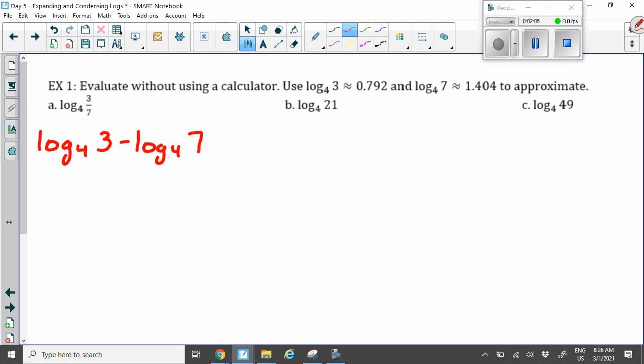Now, they do tell us our approximation, so we're going to replace log base 4 of 3 with 0.792, subtracted, and they also told us the log base 4 of 7, that's approximately 1.404. Now, we just plug our decimal into our calculator, and I'm saying it is okay to use a calculator here, and we should get about negative 0.612.